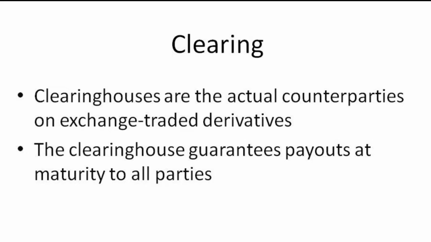Now you might think that they are facing each other, and to a certain extent maybe they are. But as a trader, the counterparty to every trade is actually what's called the clearing house. And the clearinghouse guarantees payouts to all parties at maturity. And this allows us to not worry about credit risk really when we're trading futures.